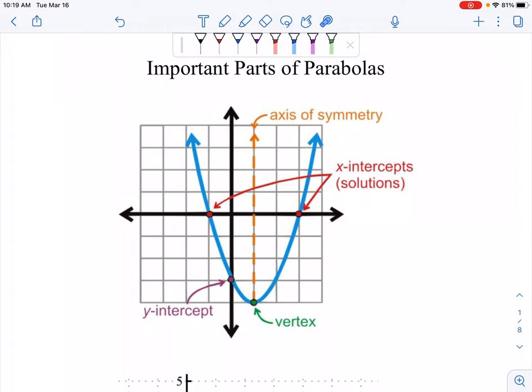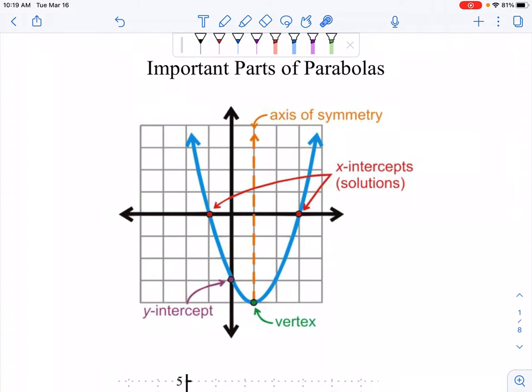Just a reminder: when we are working with a function to the second power, like y equals x squared, that is the parent function, the most simple form. It creates a parabola, this kind of U shape.